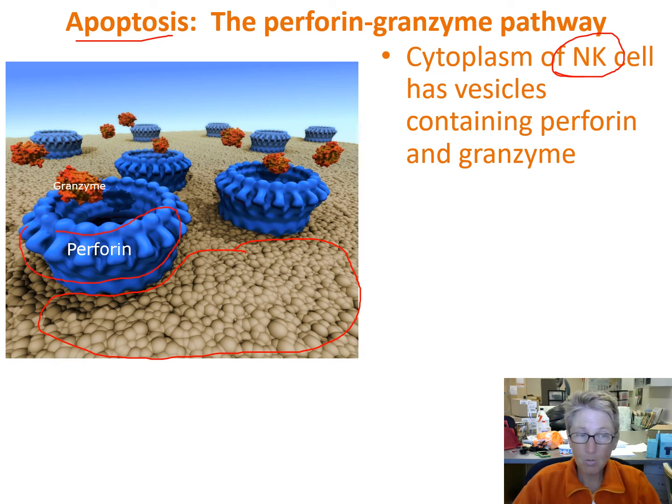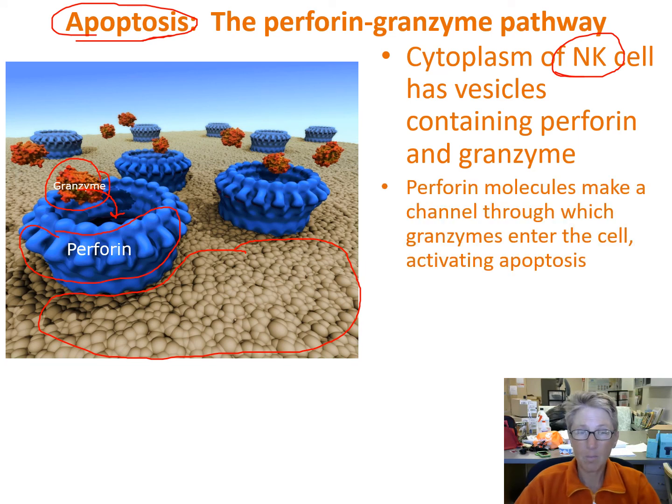That's the thing that pokes holes into the target. And then the cytoplasm of the NK cell also has vesicles containing granzyme. Granzyme can go in through the hole that perforin made, get inside the cell, and initiate this process of cell death called apoptosis, and then the cells die.